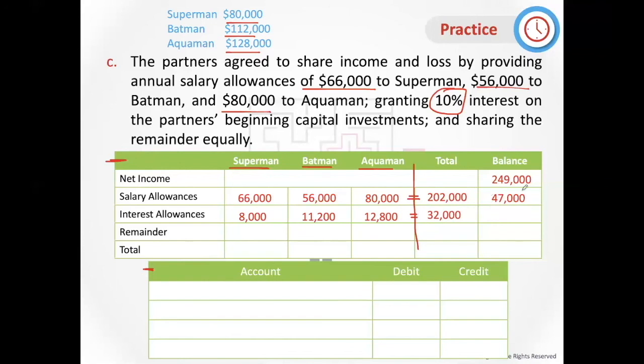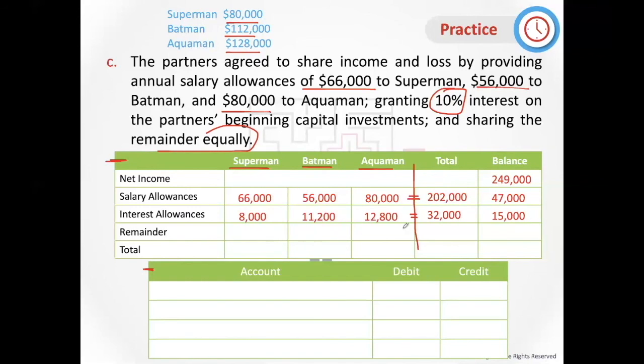We had a $47,000 balance, and now we just split up $32,000 more. Our balance after this would be $47,000 minus $32,000, which leaves us with $15,000. It says that the rest of it is shared equally, meaning this remainder of $15,000 needs to be shared equally between the three partners.